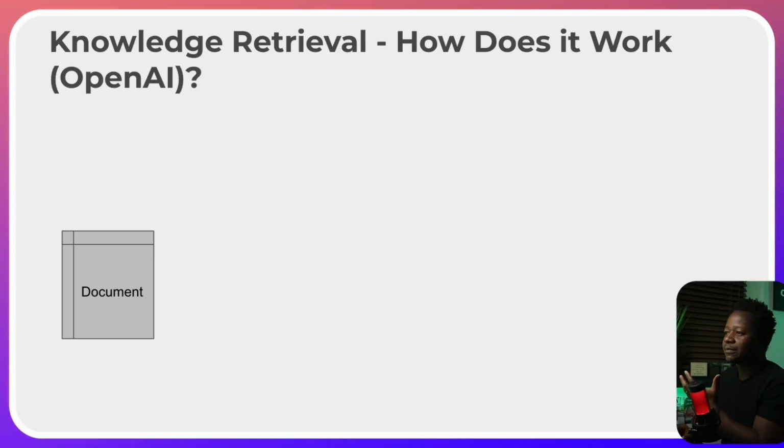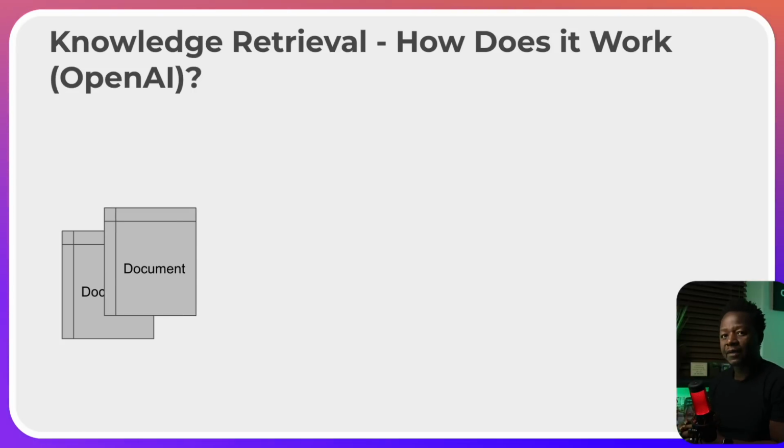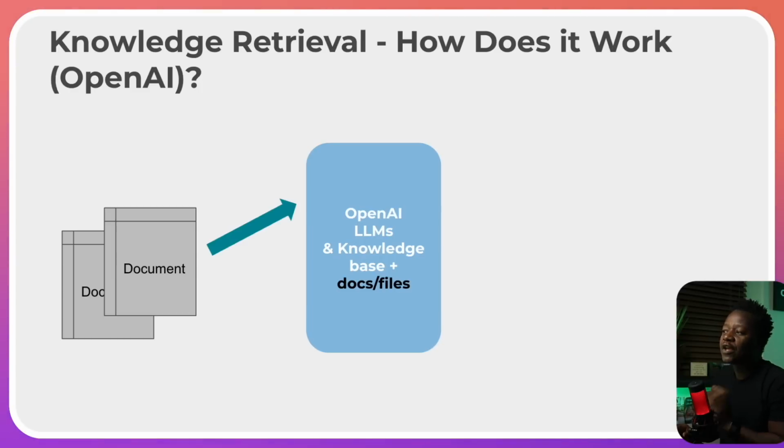The way it works is very simple. If you look at this, we have documents. A document could be whatever we upload. In this case, let's think of it as just a PDF file. So what happens now is that we upload that to the OpenAI large language model, which has this massive knowledge base.